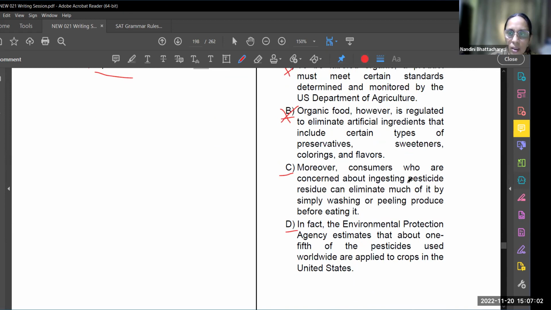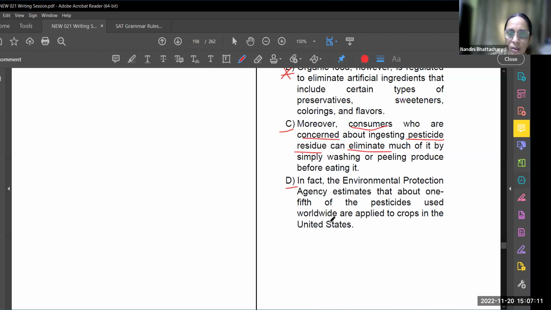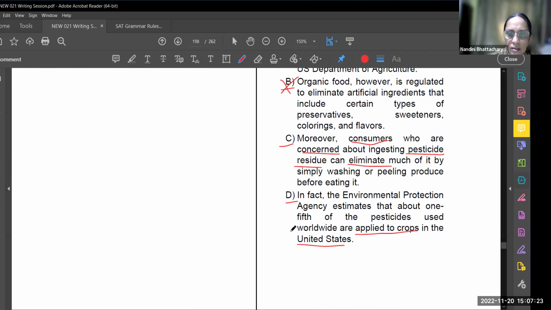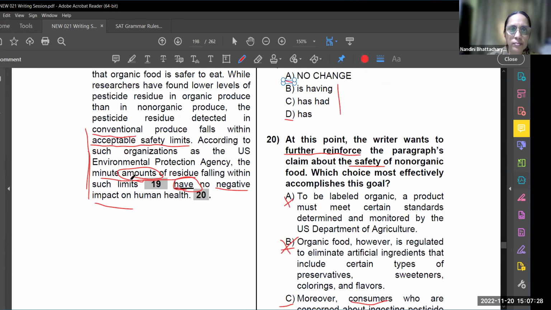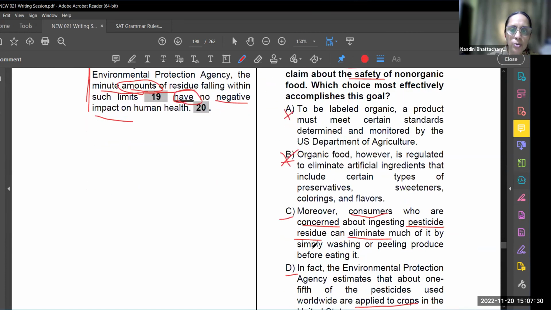So this is talking about pesticide residue and consumers are concerned and how they can eliminate it. Okay, now what is D doing? In fact, the Environmental Protection Agency estimates that about 1/5 of the pesticides used worldwide are applied to crops in the United States. Does this have anything to do with the points already made in the paragraph? Does it support the points?